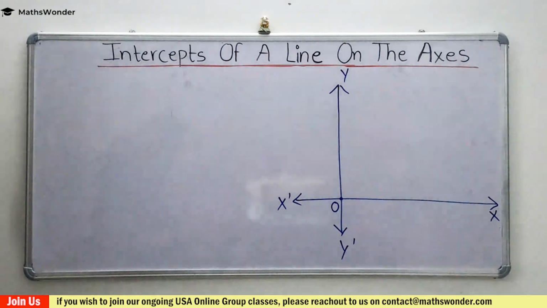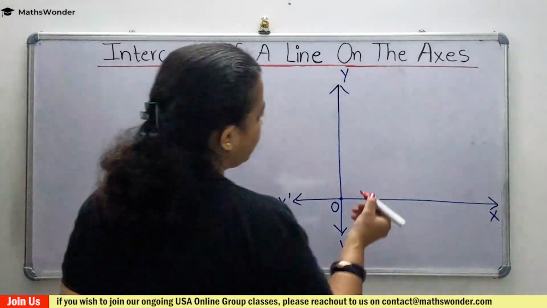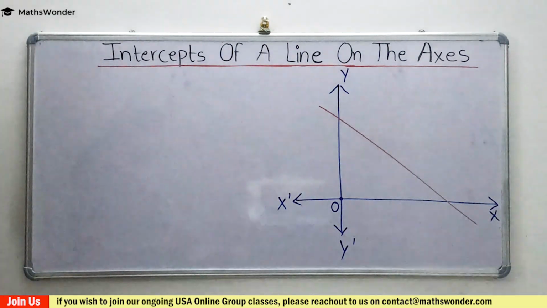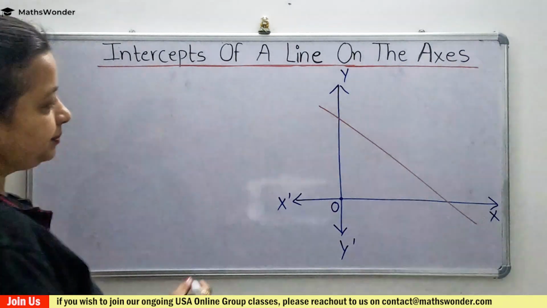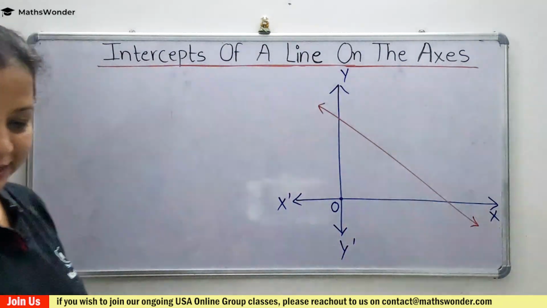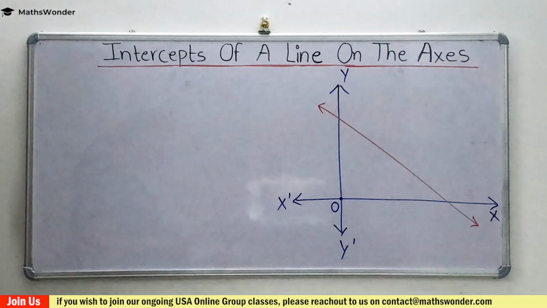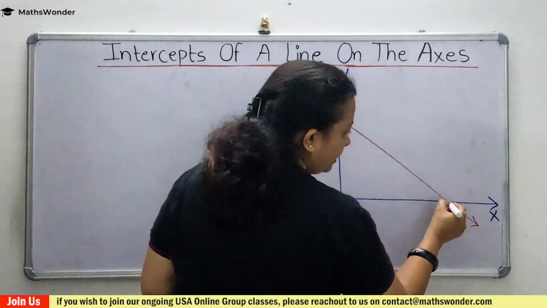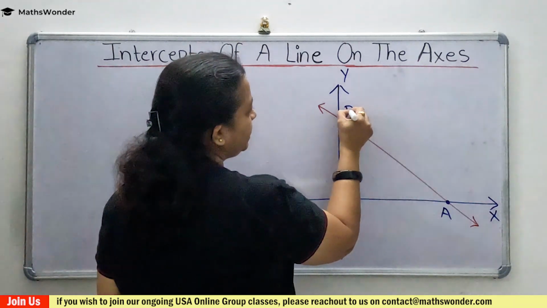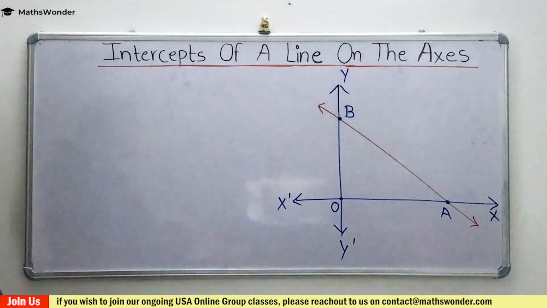Now suppose a straight line cuts like this. What you will see here is a point, I have given the name A, and here is B.